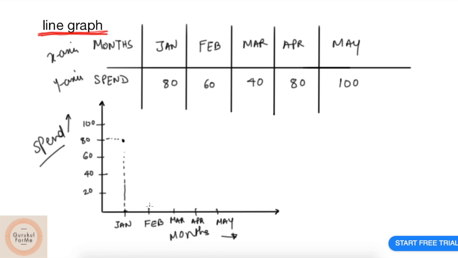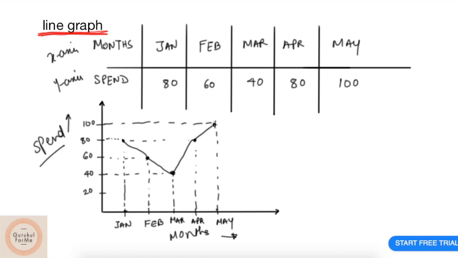Let me map in the month of Feb, it is 60. Now, if I were to just join these points here, what does it tell? The graph going from point A to point B to point C to point D to point E is nothing but a line graph. Visually, even if you did not know what this example is about, looking at the line graph, you would definitely understand that from A to C, it's a downward trend.